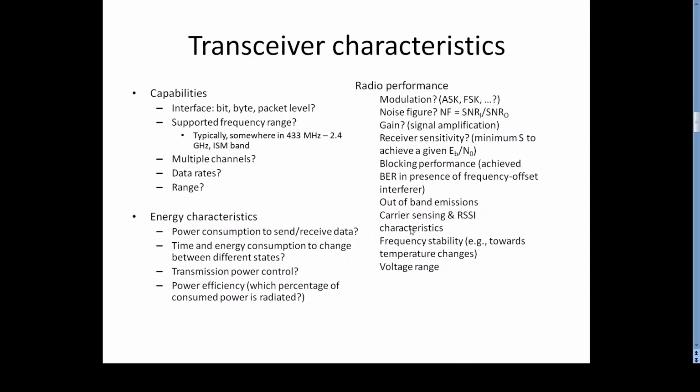The signal strength at which an incoming data packet has been received can provide useful information. A receiver has to provide this information in the received signal strength indicator, that is RSSI.